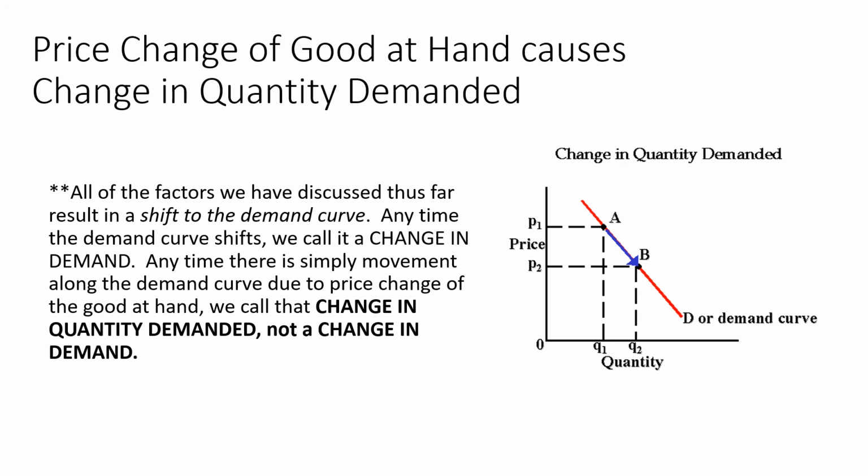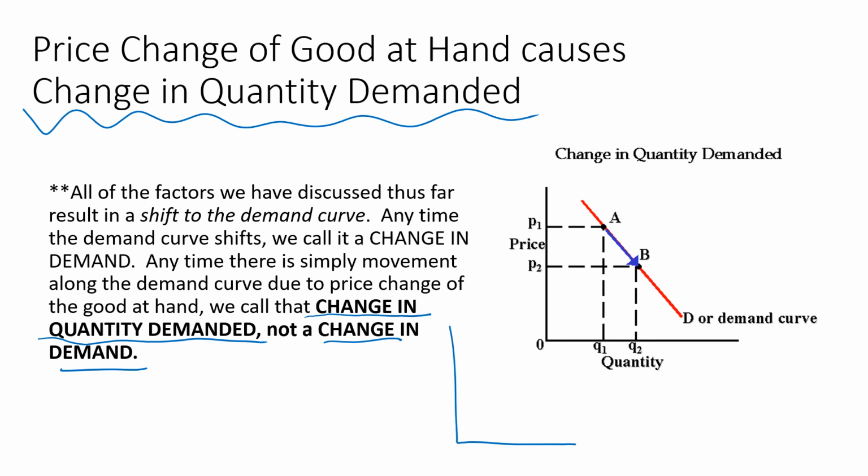When the price of the good at hand changes, we have a change in quantity demanded. And the textbook really distinguishes and has multiple test questions on the difference between a change in quantity demanded versus a change in demand.